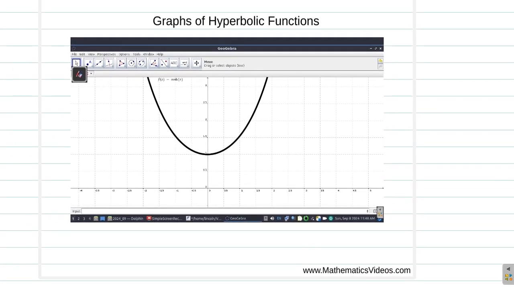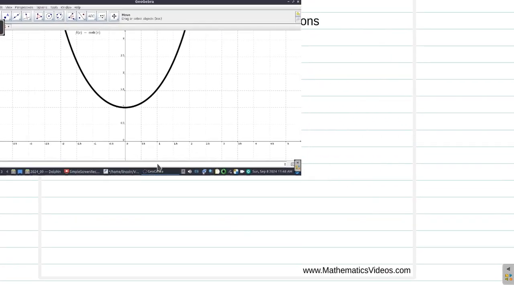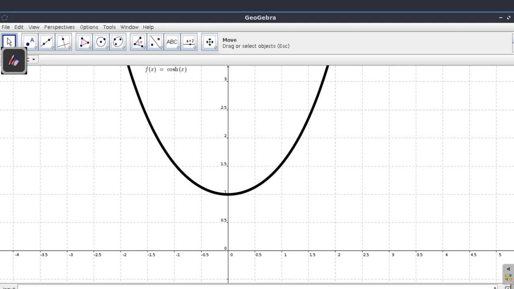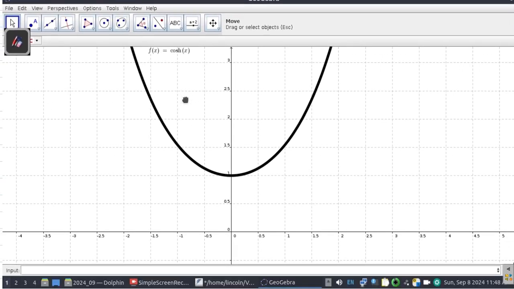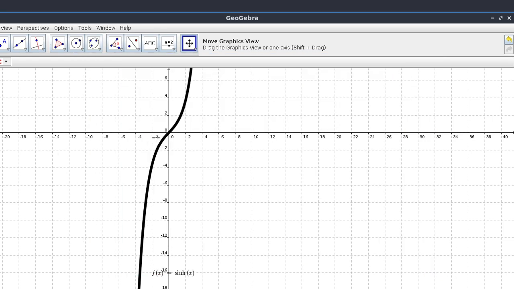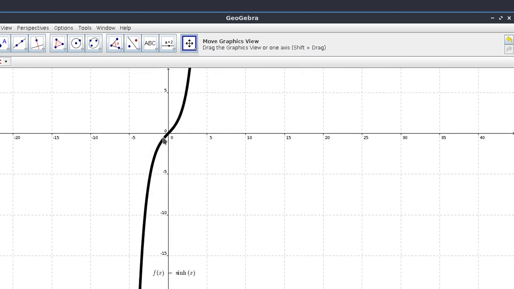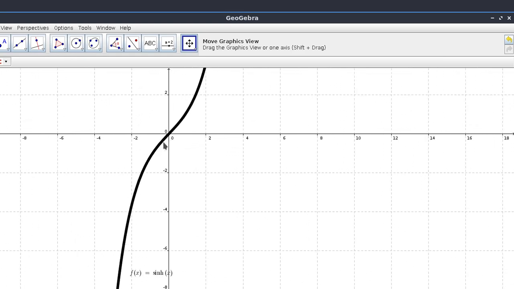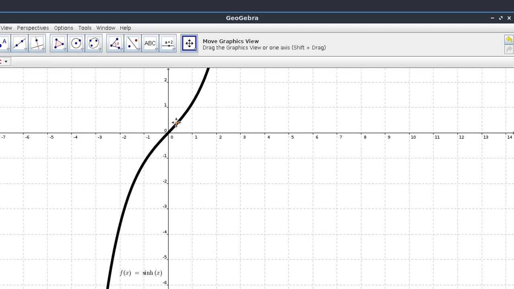Now, that's the shape of it, as you can see, right? Hyperbolic cosine, the cosh of x. I copied this from GeoGebra. So let's look at GeoGebra. Let's zoom in and then we'll make some adjustments to this thing here.